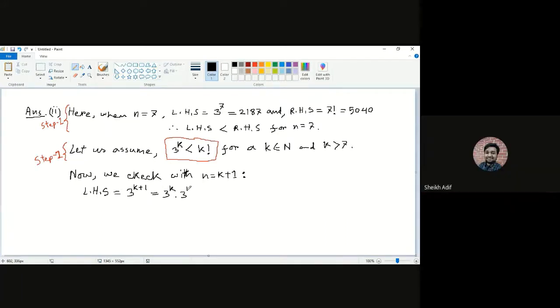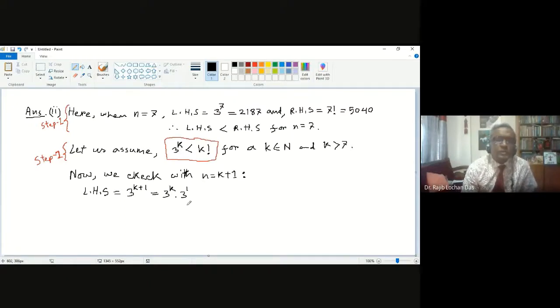Now if you do not write 3 to the power k, and in that place you write k factorial, then what will happen? You are changing 3 to the power k and writing k factorial, and there is another part, 3, which is 3 to the power 1.